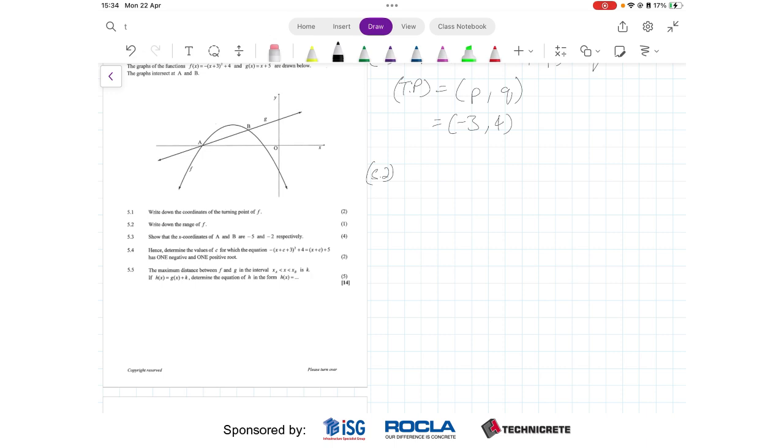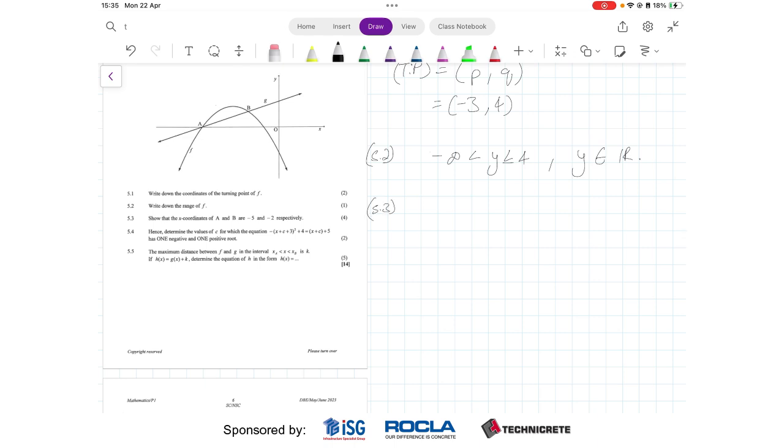Therefore, our range will be y is between minus infinity and 4, such that y is an element of real numbers.